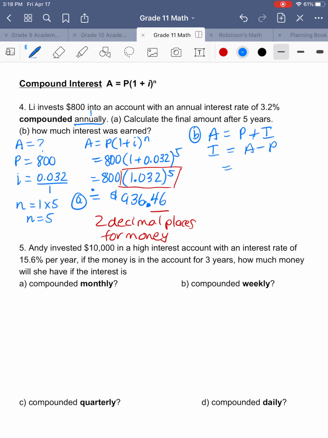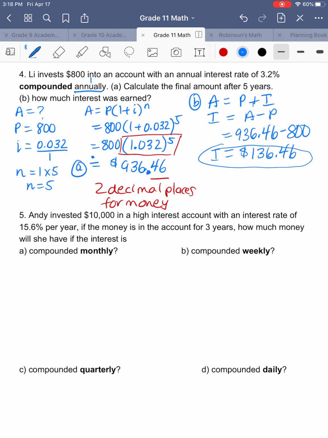So our final amount is $936.46, and our principal is $800. So this means that our interest is $136.46. So that is our answer to part B.